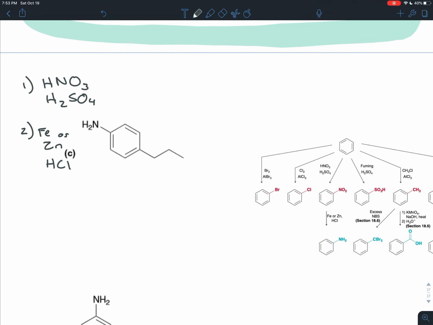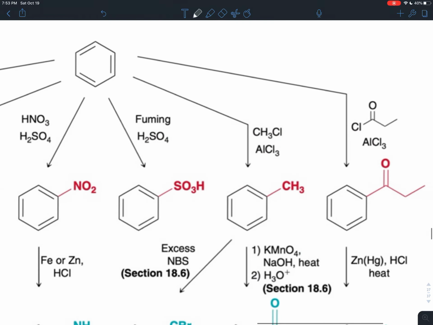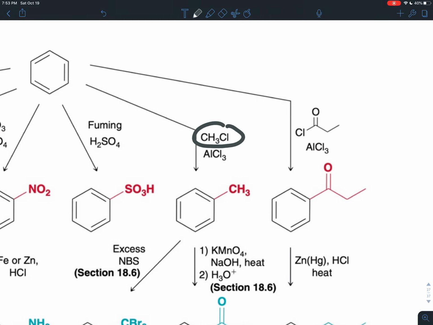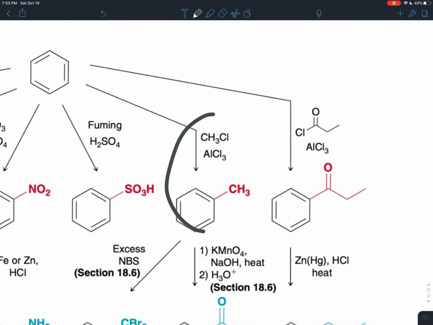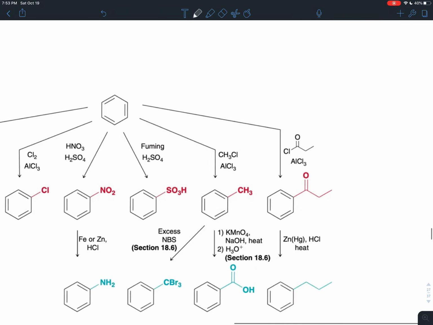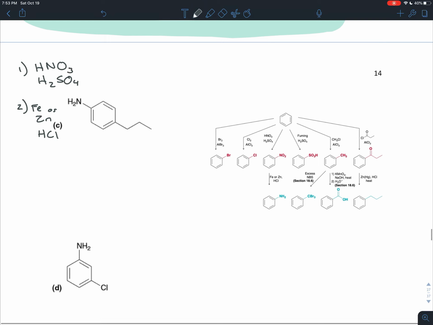This is a new carbon-to-carbon bond that you're making, so it's Friedel-Crafts, and you use some alkyl halide and AlCl3, or you use an acyl halide and AlCl3. Let's see if we can do it with Friedel-Crafts alkylation. You would have that same branch, but instead of attaching to benzene, it would be attached to your chlorine, and you'd have AlCl3.